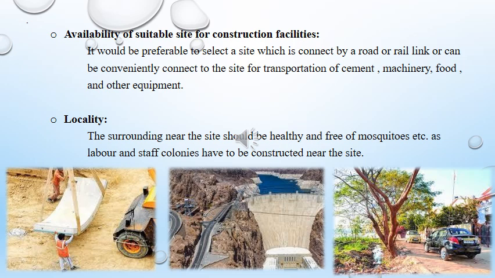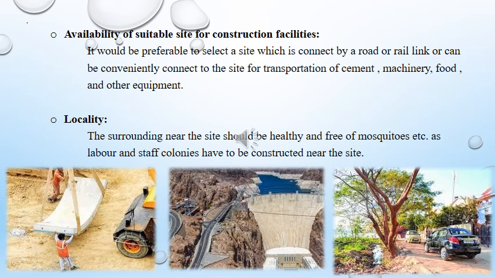And the last factor is the locality. So, the surroundings near the site should preferably be healthy and free of mosquitoes, etc., as labor and staff colonies have to be constructed near the site.